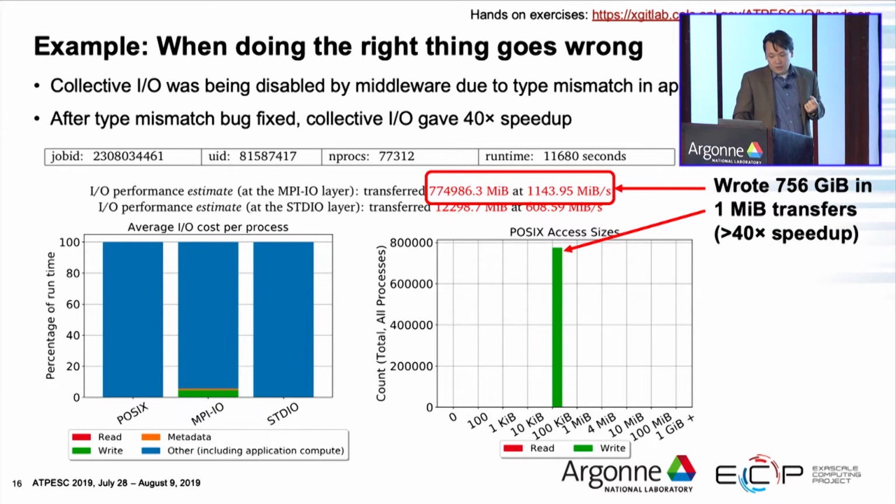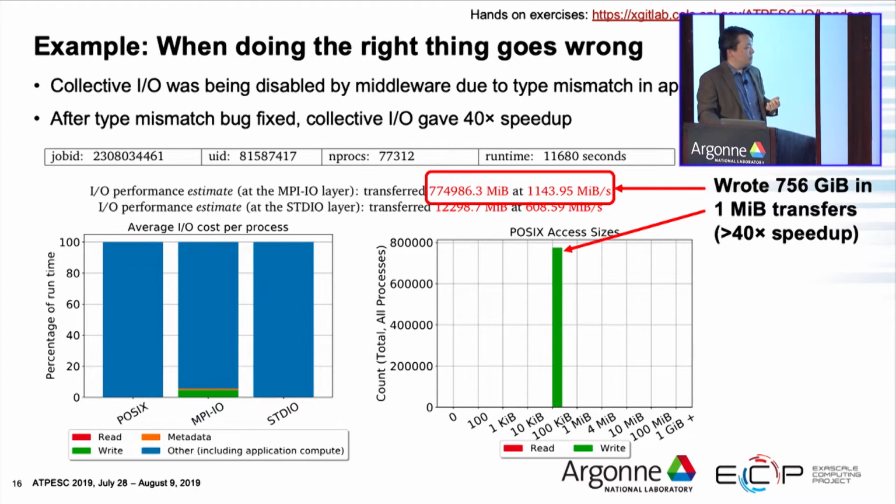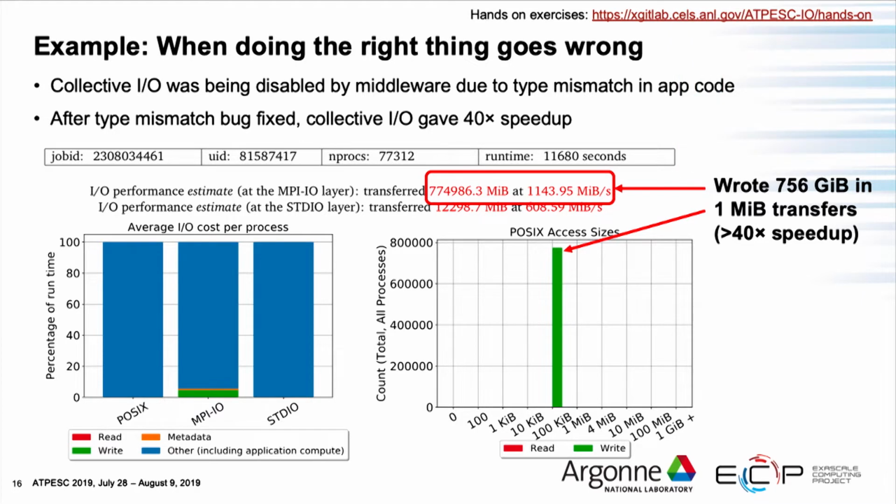So what was happening, after a bunch of debugging, was it turns out there was a very subtle bug in this application code where they said that the collective I/O was going to involve a certain data type, and then what was passed to another part of the middleware was a slightly different data type. HDF5 saw that and said, this doesn't look safe to do because you said one thing and then you're giving me another.